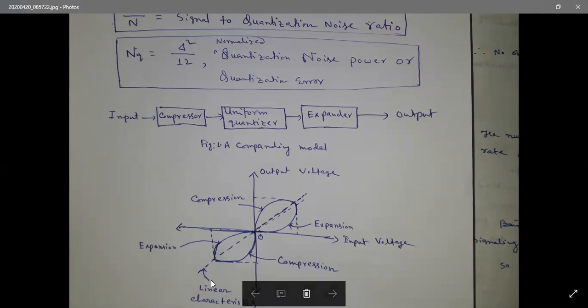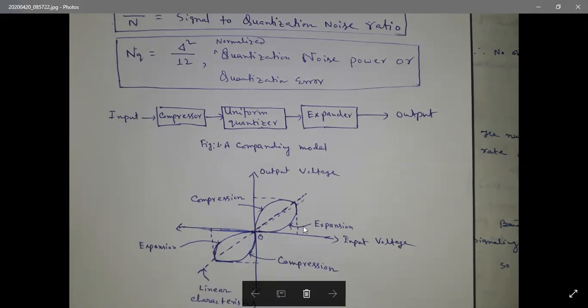So how can we explain this representation? The figure shows the compander characteristic, which is the combination of compression and expansion.